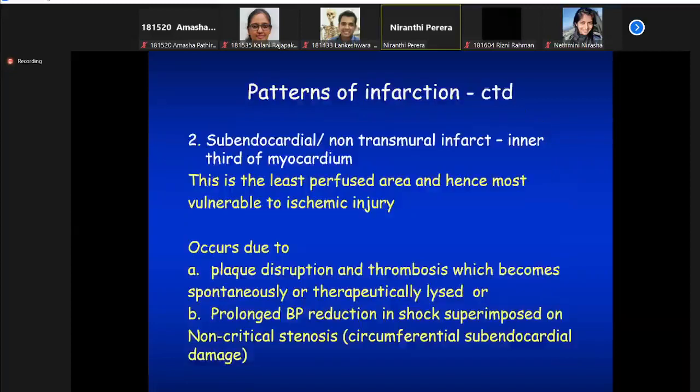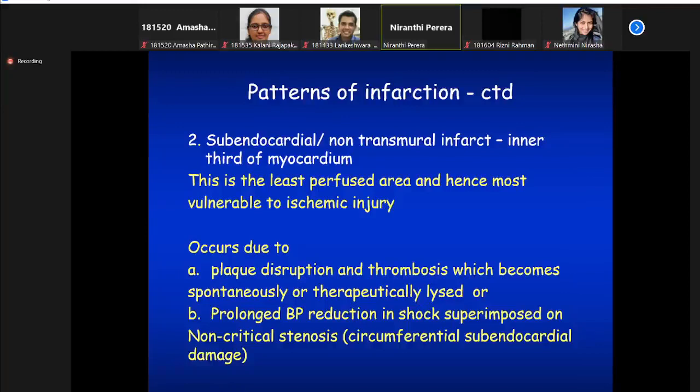Then if you have a subendocardial infarct, like I told you, it involves the inner third of the myocardium, because it's the least perfused area and hence most vulnerable to ischemic injury. That occurs due to plaque disruption and thrombosis, where the thrombus is either spontaneously lysed by the body's fibrinolytic system, or therapeutically lysed, for example with streptokinase.